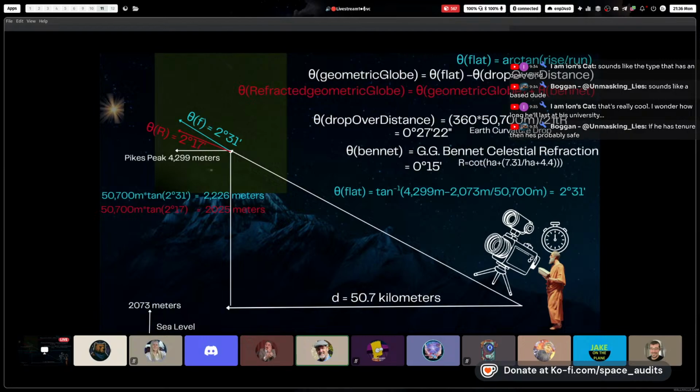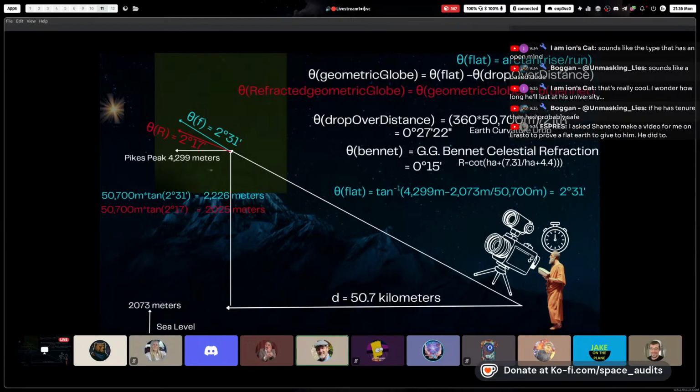I did try it with an ancient theodolite, in the vicinity of 100 years old, and the ancient theodolite measured 2 degrees 30 arc minutes, and plus or minus 5 arc minutes was its tolerance. So it would have had to measure 2 degrees 25, 230, or 235, but it measured 230.